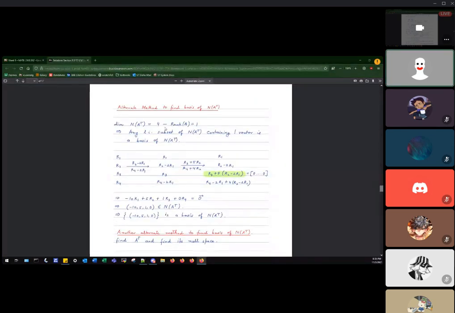There's another way to find the basis for the left null space.